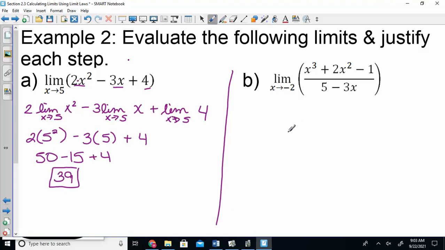B. If I want to use my limit laws, we had a limit law that said you can do the top and the bottom separately. So I can do the limit of the top divided by the limit of the bottom.